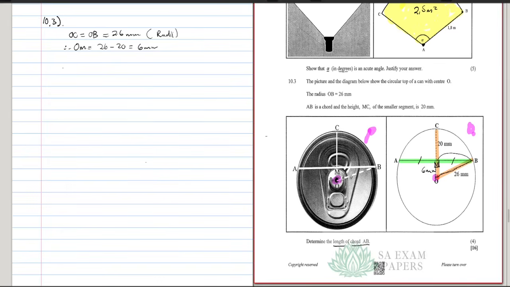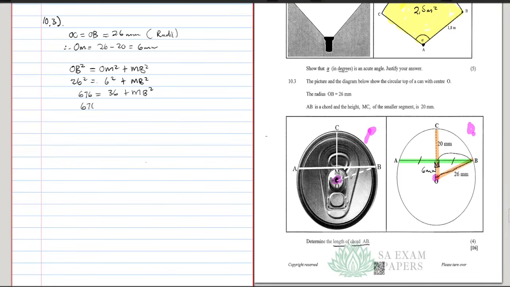So Pythagoras says hypotenuse squared, which is OB, is equal to side OM squared plus MB squared. Then we substitute OB as 26, OM as 6, plus MB, which I don't know. So 26 squared is 676, equals 36 plus MB squared.